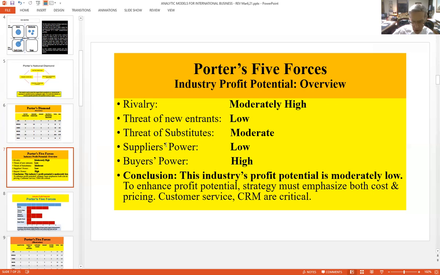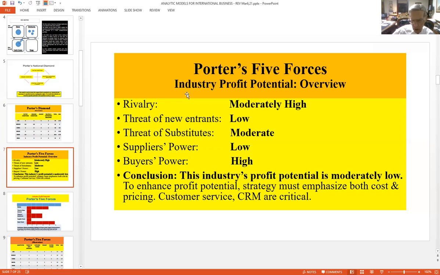Supplier power: if suppliers have power, that is to say, there aren't as many of them as there are companies in your industry, then that pushes profit down. If there are very few large buyers, such as in the US auto industry and lots of auto component manufacturers, that again can give them the power to negotiate price and terms, and the result will be downward pressure on profit.